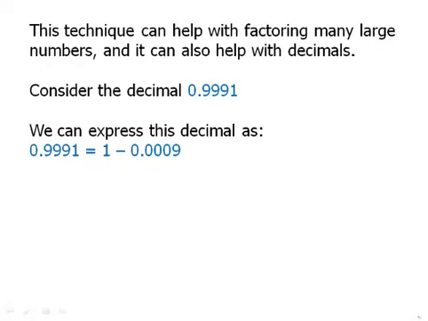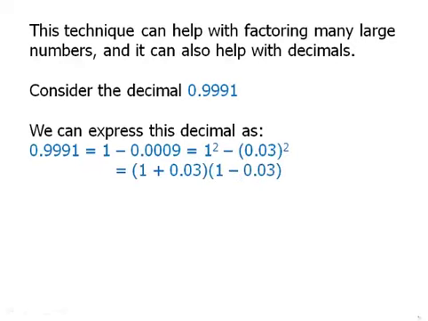And that's a difference of squares because 0.0009 is 0.03 squared. So we can write this as a difference of squares, use the pattern: 1 plus 0.03 times 1 minus 0.03. This gives us 1.03 times 0.97. And so we have expressed that decimal as a product of two decimals.